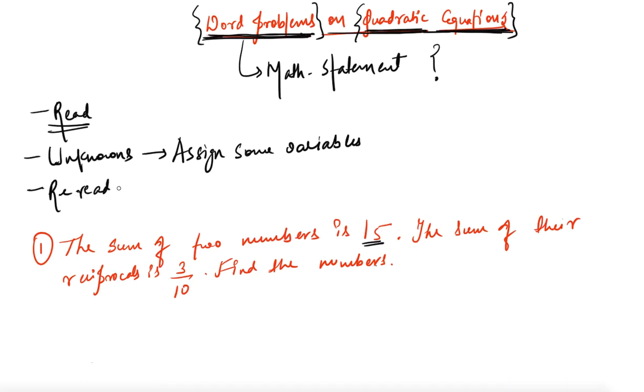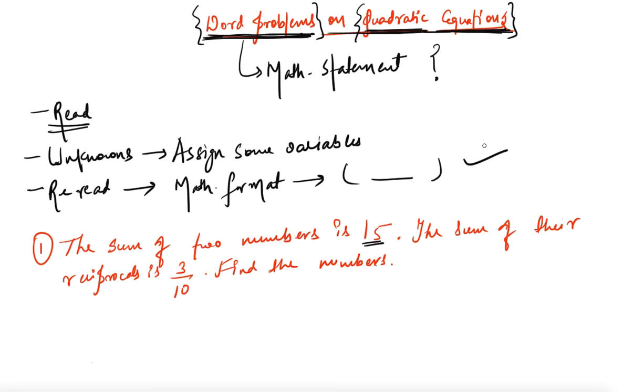Now reread the question, keeping the variables in mind, and then slowly try to convert that English statement into mathematical format. Once you are able to do it, the question will be easy. You will get your quadratic equation, which you know how to solve.